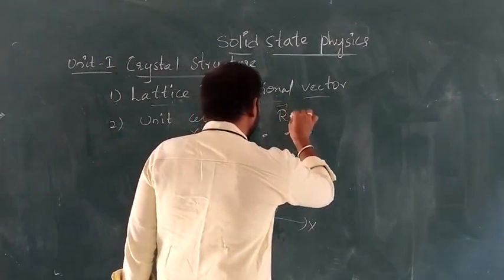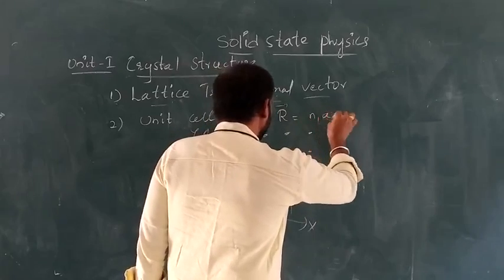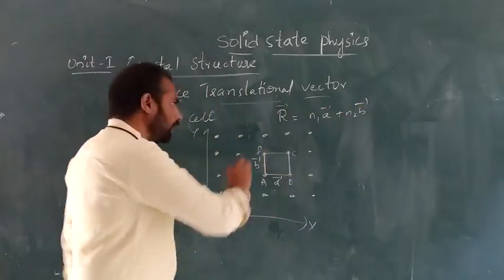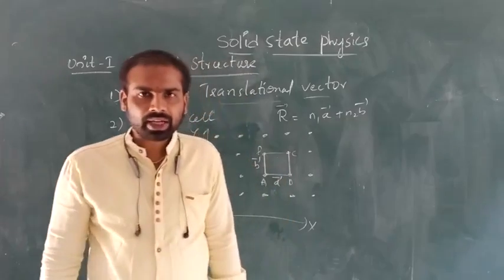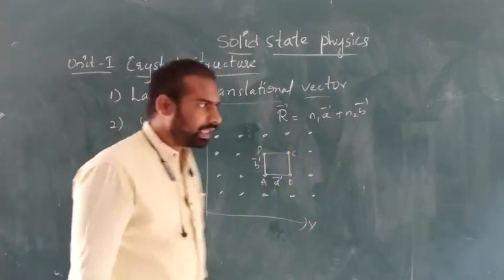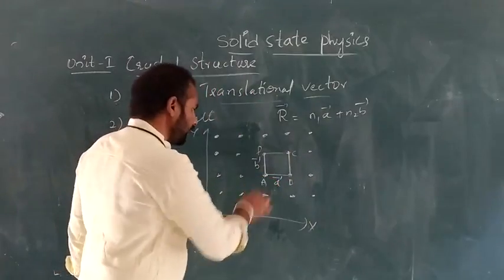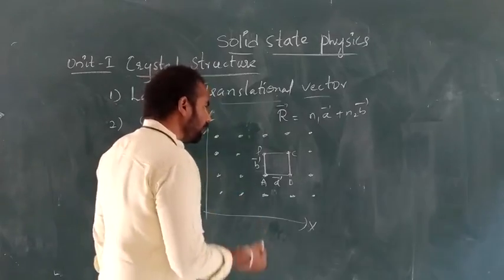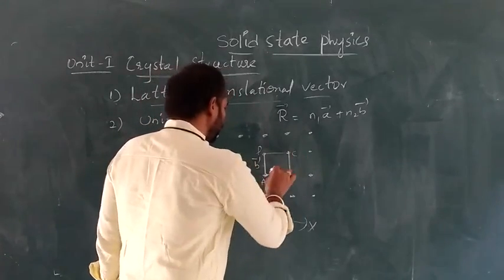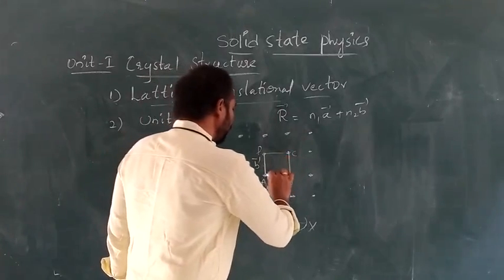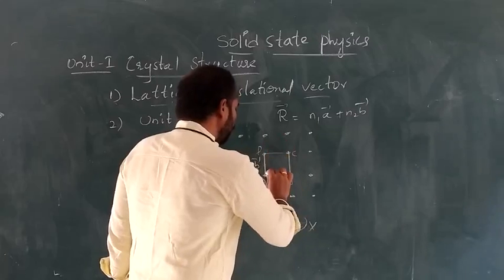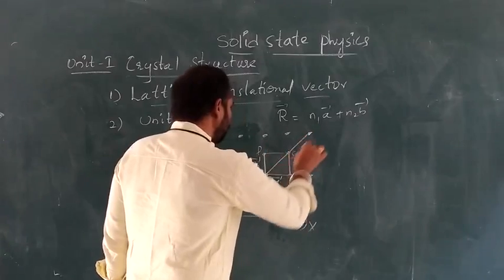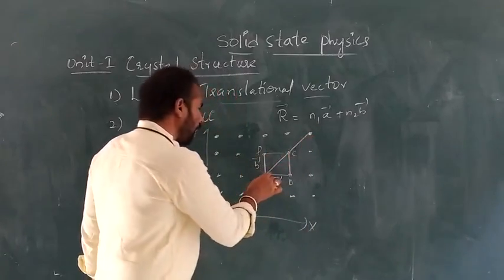Now, in general, the position vector of the lattice is represented by R bar equal to N1 A bar plus N2 B bar for this particular two-dimensional lattice. The position vector R. See, this is the origin A. Now, for example, take any point with respect to the origin.